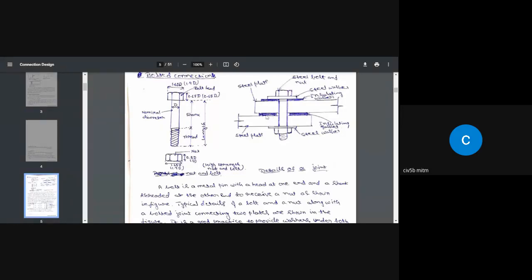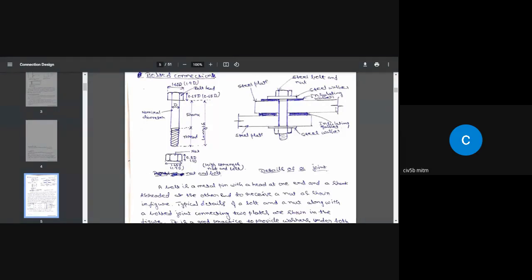For a moment, you forget this insulating gasket and also the steel washer. Think that these two plates are in contact and subjected to a tensile force of P, for example.